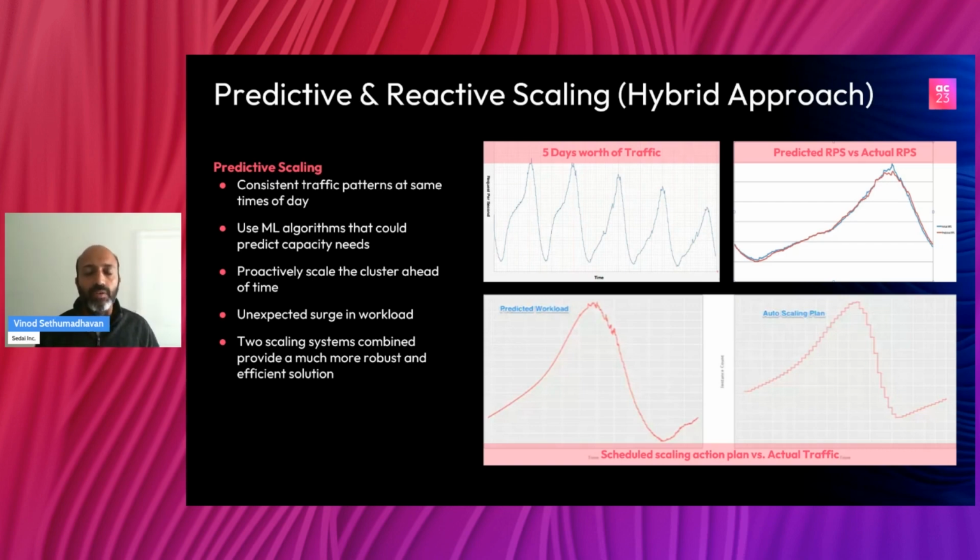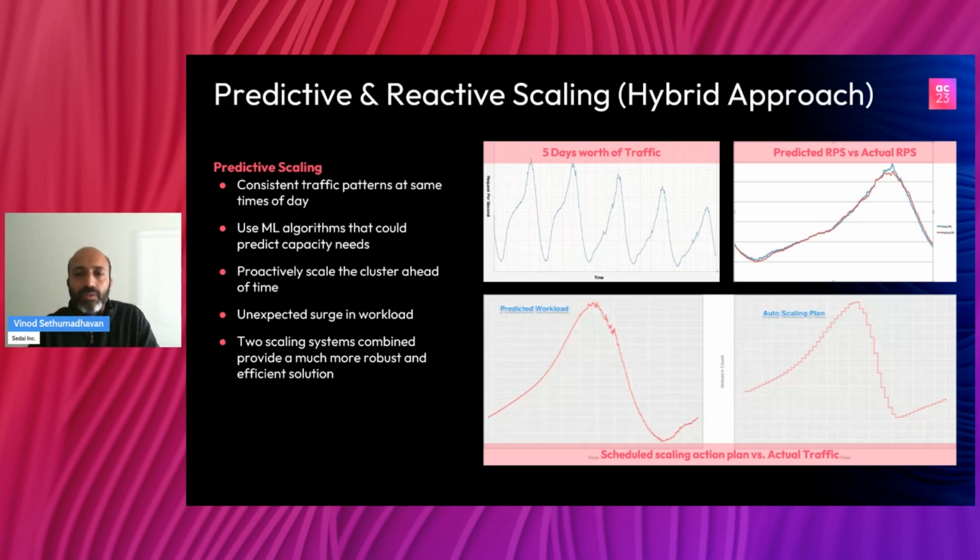And Sedai is able to learn seasonality on a daily basis and on a weekly basis as well. So it does identify that the last days of the week are a little lower, and you can see that the predicted load and the actual load are very close in the second screenshot.